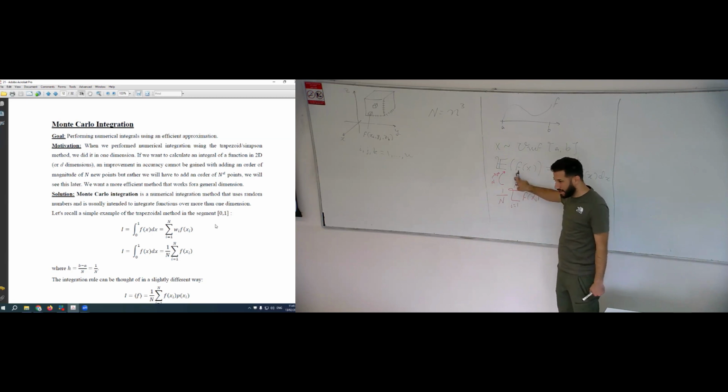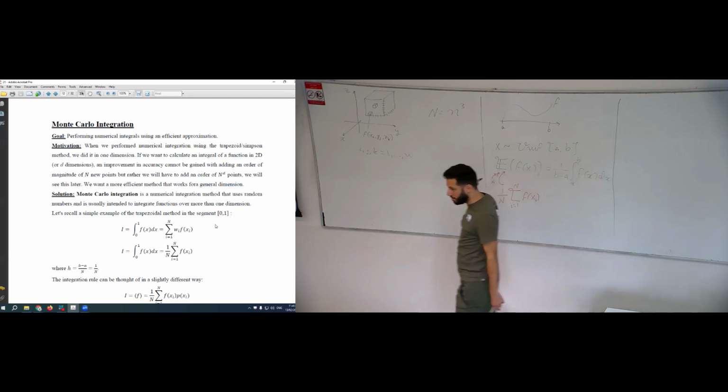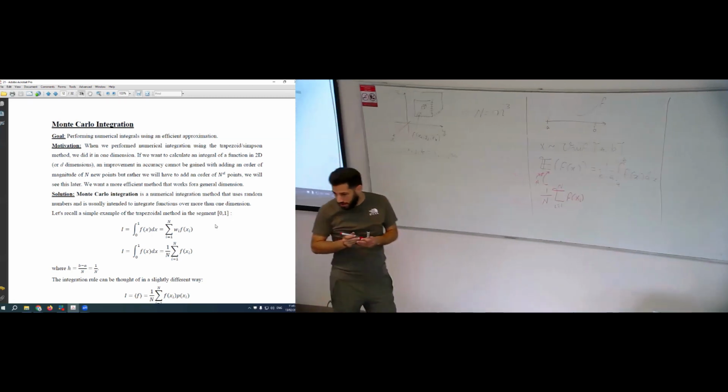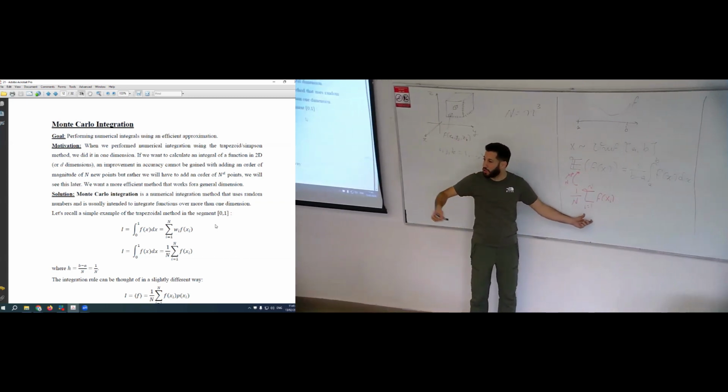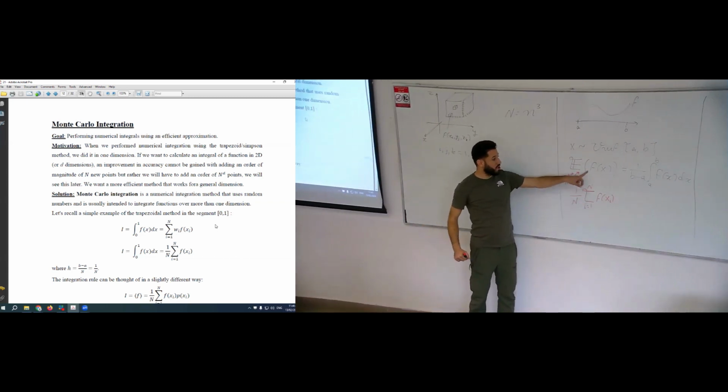Is this true with probability 1? You remember that? You don't remember the central limit theorem from the probability course? Okay. So this thing, if n goes to infinity, goes to that value with probability 1.